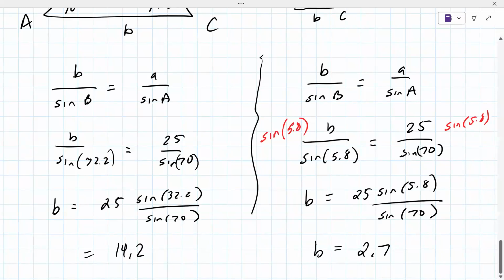Okay. All right. We should cover the other possibility, which is no triangle. Oh yeah.